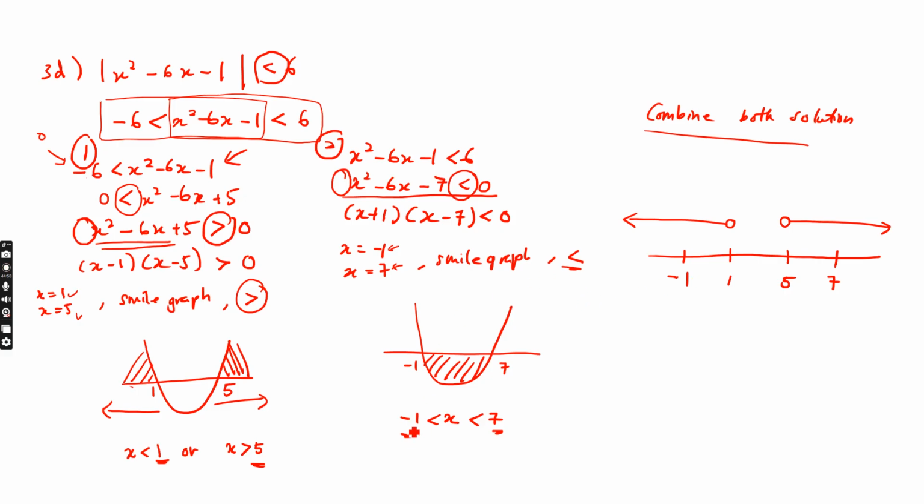And the next one we have is between negative 1 until 7. Between negative 1, we put a small circle, and 7. So it is between, right? So it should be like this because it is inside. Now we need to find the intersection. So the intersection is here, the part that intersects.